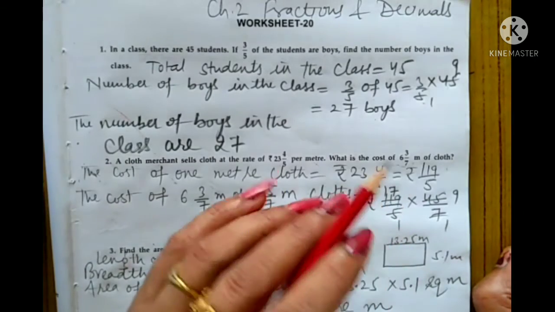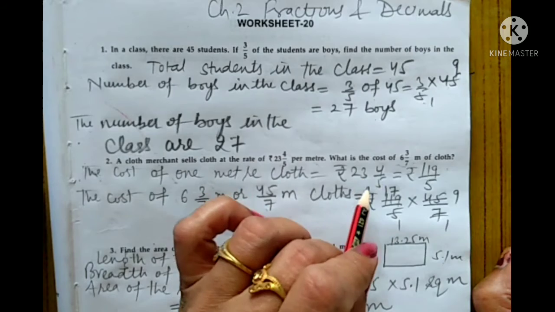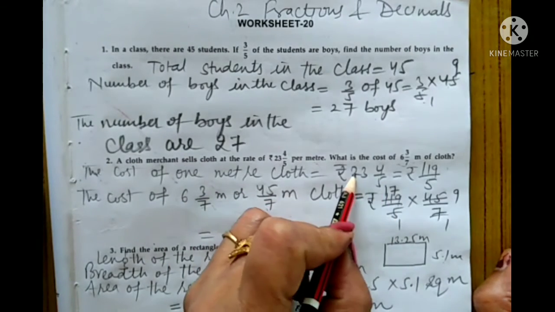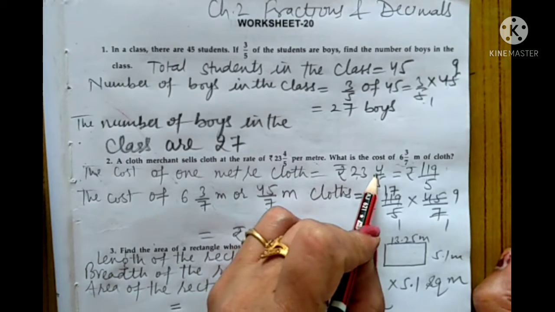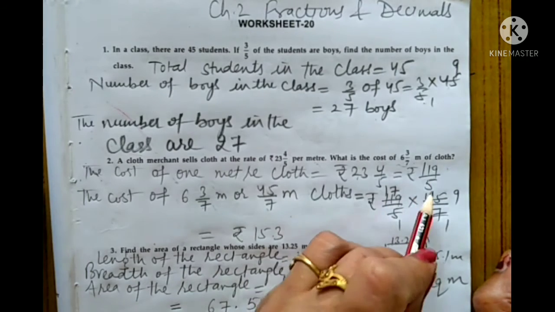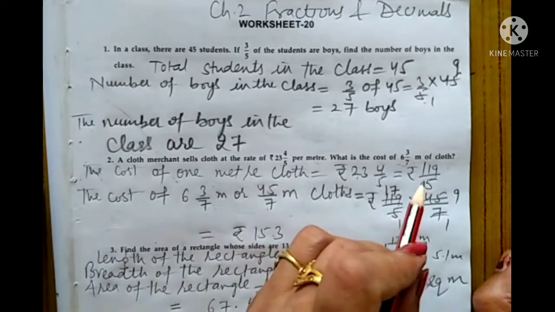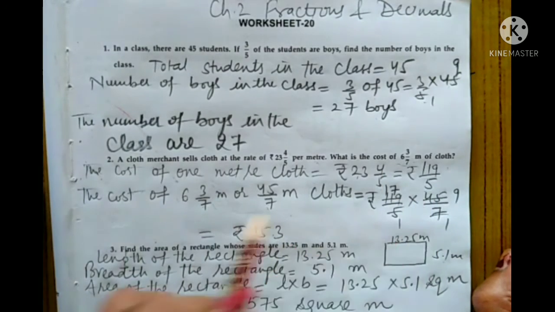So we will convert this mixed fraction into an improper fraction. How? 5 23s are 115, plus 4, it is 119 upon 5. Okay, so the cost of 1 meter of cloth is rupees 119 upon 5.